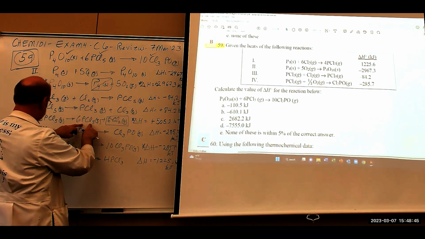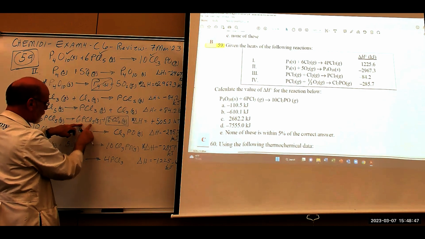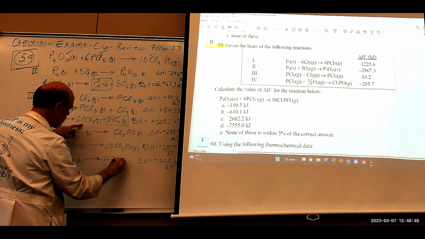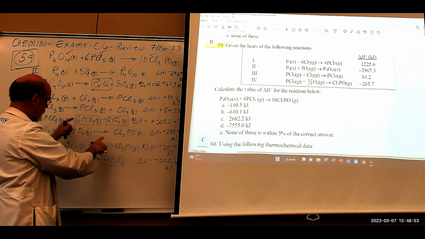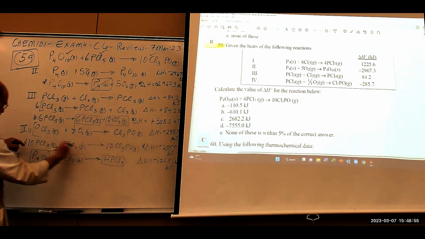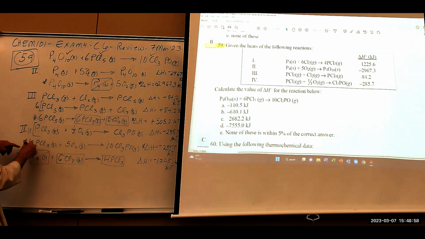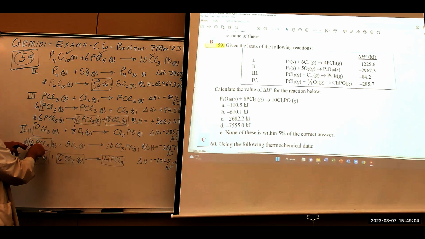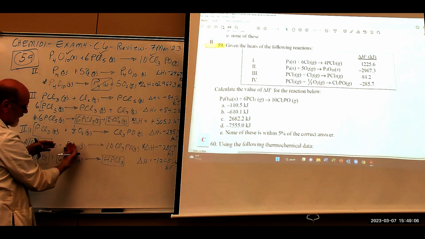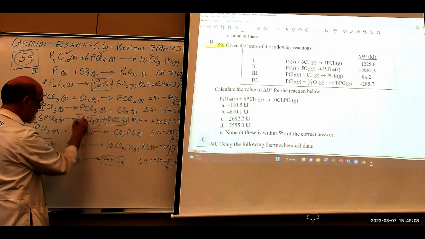So this is 6 PCl3 and 4 PCl3 on the right-hand side of the arrows. And on this side, we have 10 PCl3s. So these 6 and those 4 cancel these 10. These 10 are on the left-hand side of the arrow. These are both on the right-hand side.